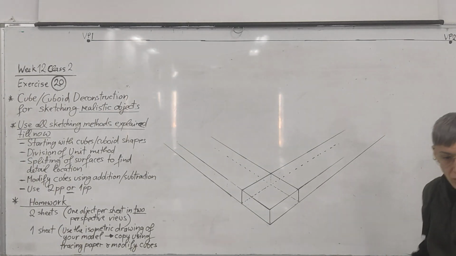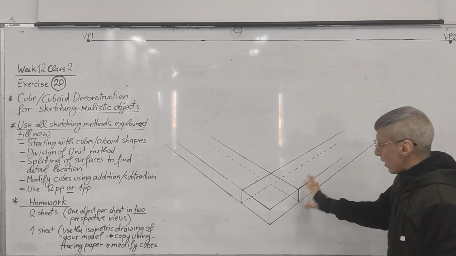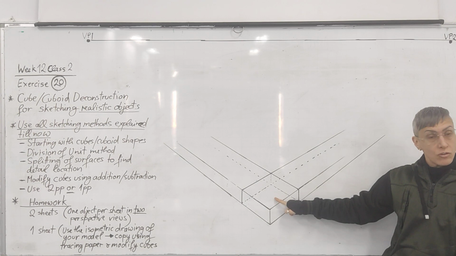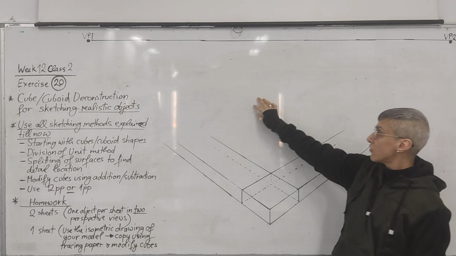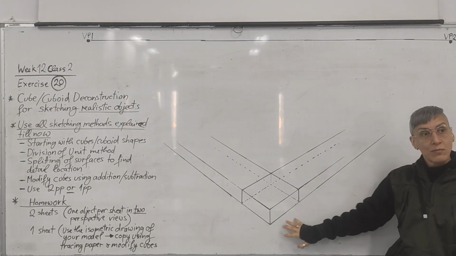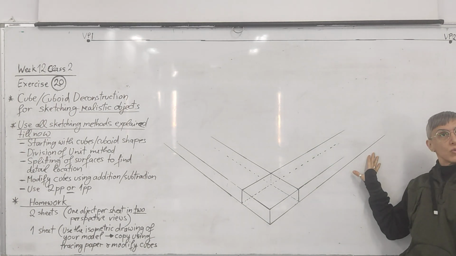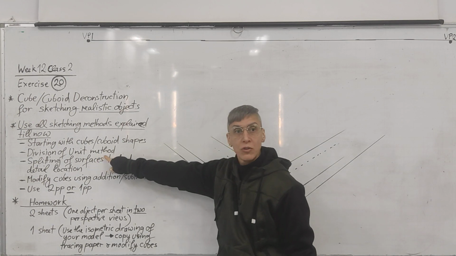Okay, so I started with this shape. Now I want to draw another exactly like this shape, but somewhere here in space, then another one here, then another one somewhere here. But I want 2 spaces. So this object 2 times, and the third one I will use. So we will use, which one? Division of unit method.